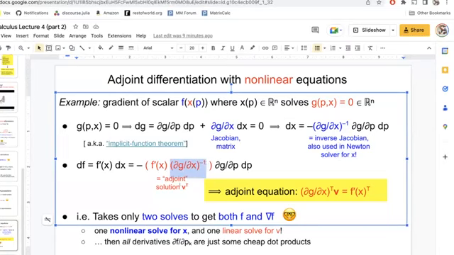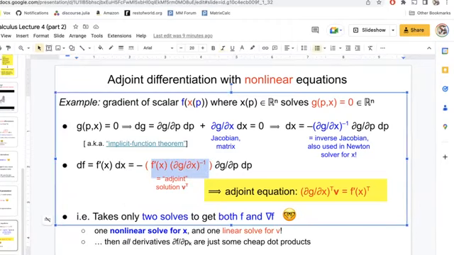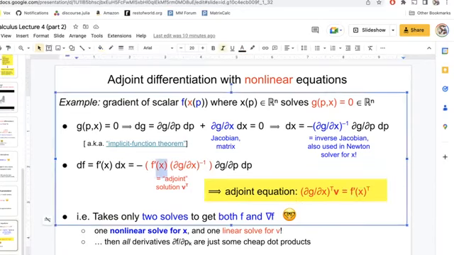A row vector times a matrix is a row vector. Call that v transpose. Multiplying by the inverse is equivalent to solving a system of equations with the transpose of the Jacobian matrix. We call this an adjoint equation, or transpose equation, for the adjoint solution v. And on the right-hand side is the transpose of this row vector f prime. So we solve.